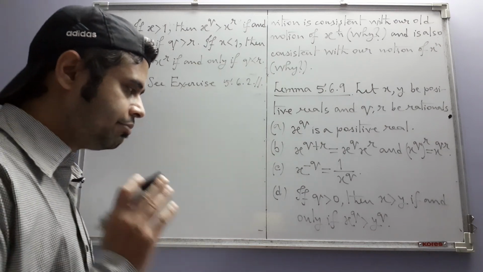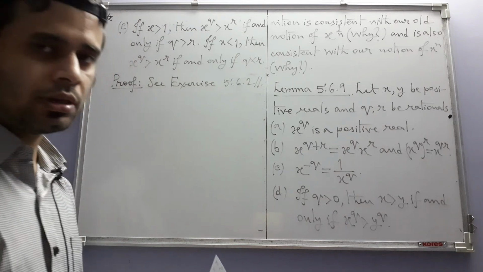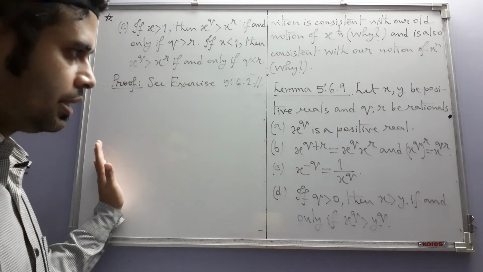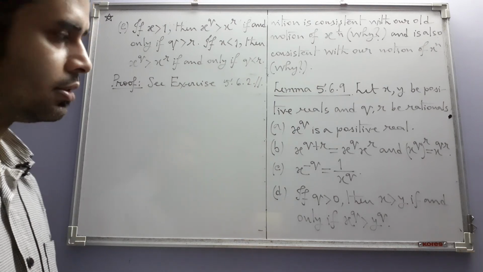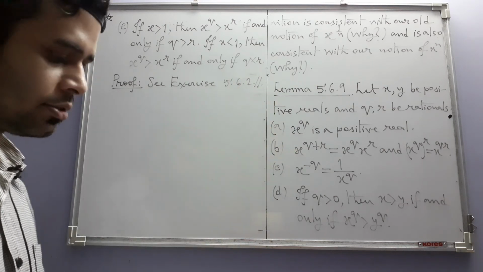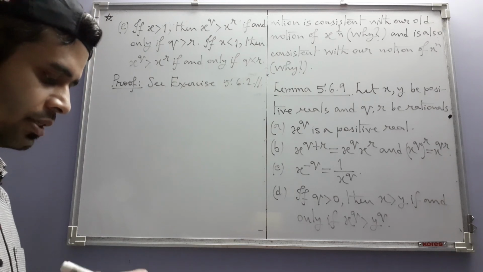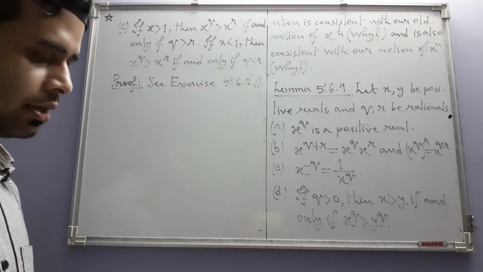But we will defer that until we have developed all the things and the theory of sequences of real numbers. Then only using them we can define such a thing. So we will do that in section 6.7 in a formal manner.